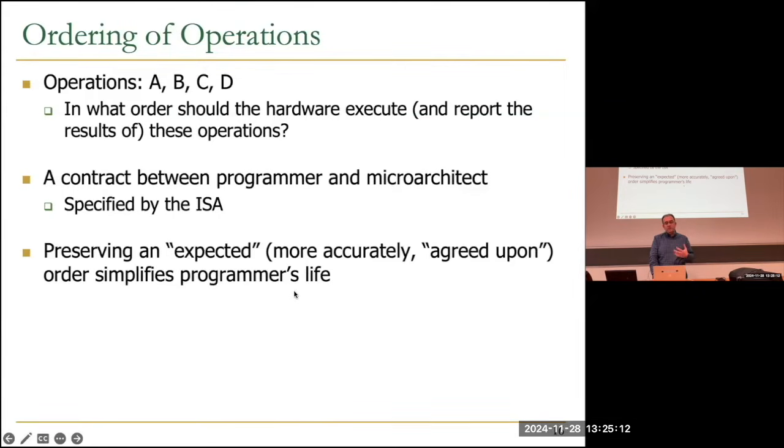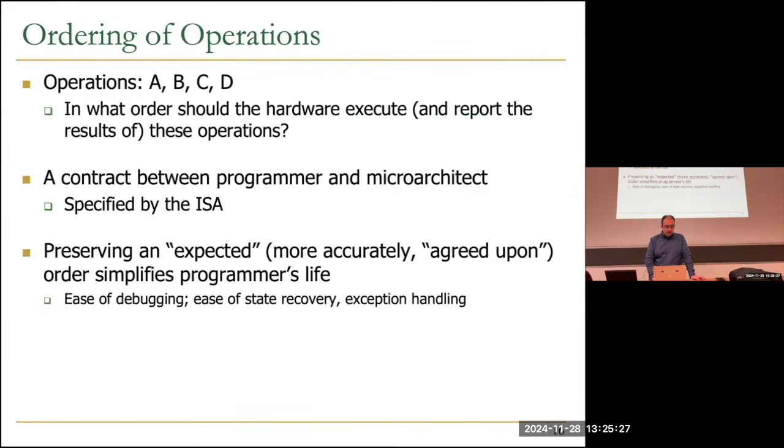So once the programmer knows that the ISA will obey some rules or some protocol, then you can have some expectation about how these things are going to run. Of course, why is it important? You can guess, it is because of ease of debugging.